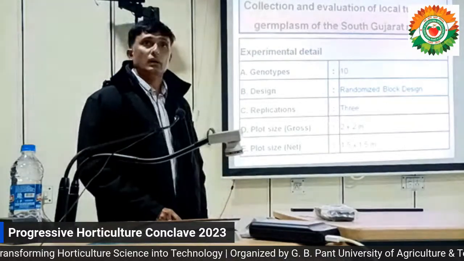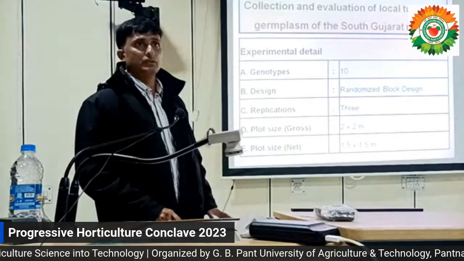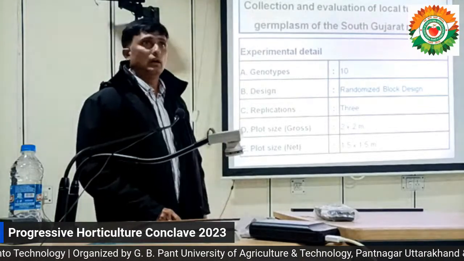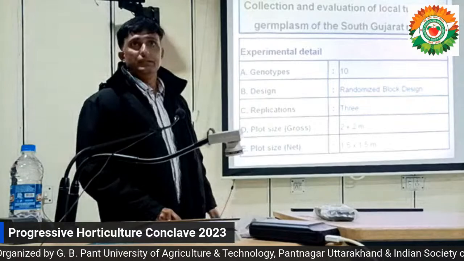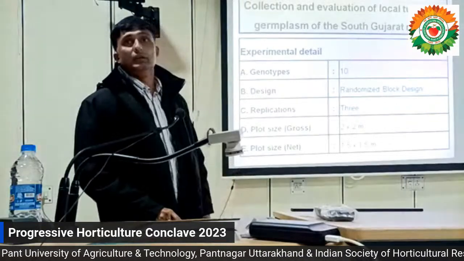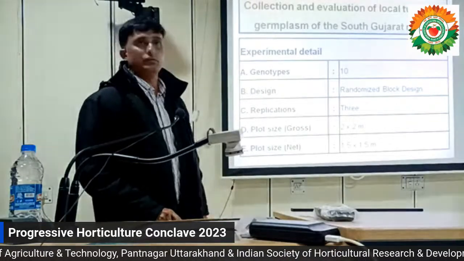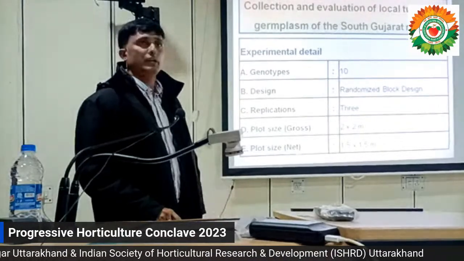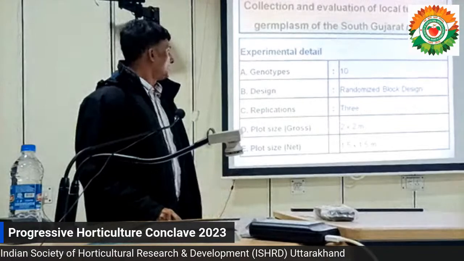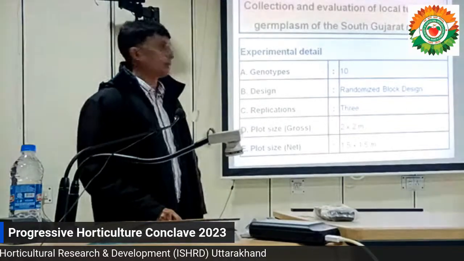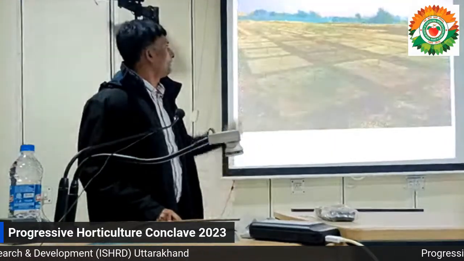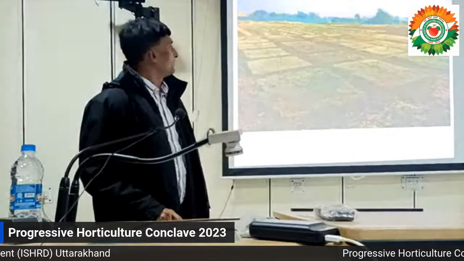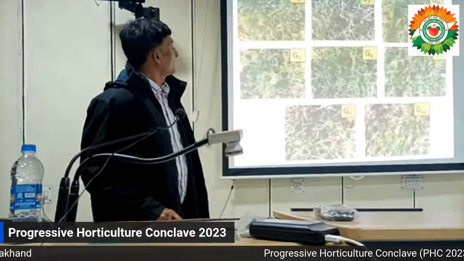So we have collected 9 different germplasms around South Gujarat, and we have compared them with the selection one, that is Bermuda selection one. The design was randomized block design with 3 replications, with gross plot size of 2 by 2 and net plot size of 1.5 by 1.5. This is the general layout of our experiment.